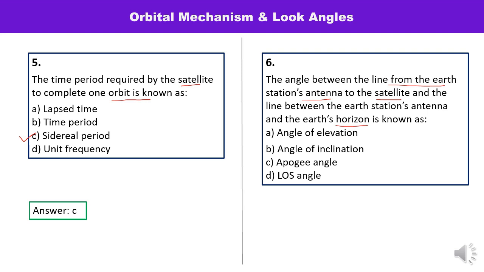The angle of elevation of a satellite is that angle that appears between the line from the Earth station antenna to the satellite and the line between the Earth station antenna and the Earth's horizon. So the angle of elevation and azimuth angle are important questions. So you will be remembering all these terms carefully. A is the correct answer.